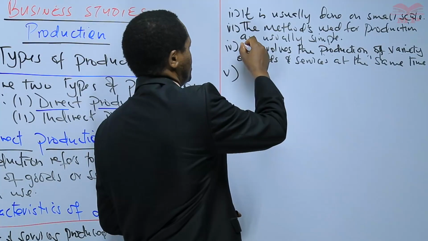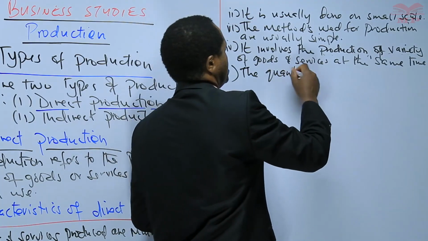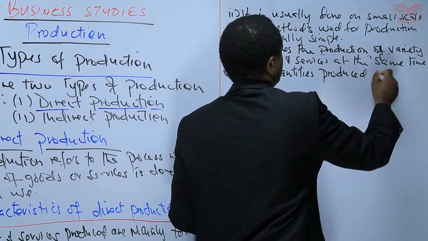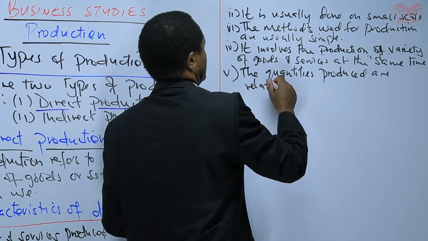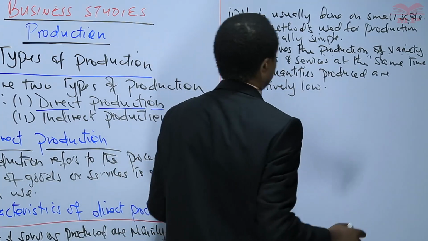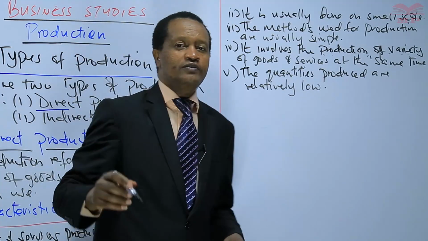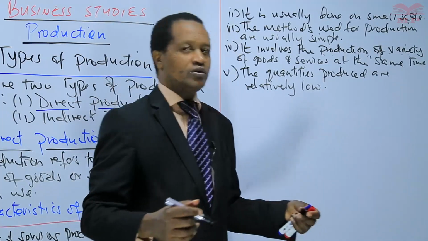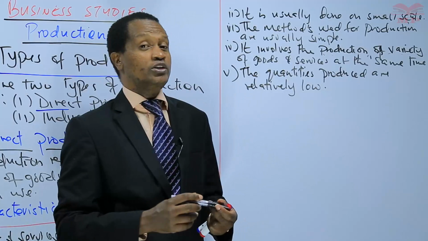The quantities produced are relatively low for obvious reasons, because when you are using manual methods to produce, then you can only do much.